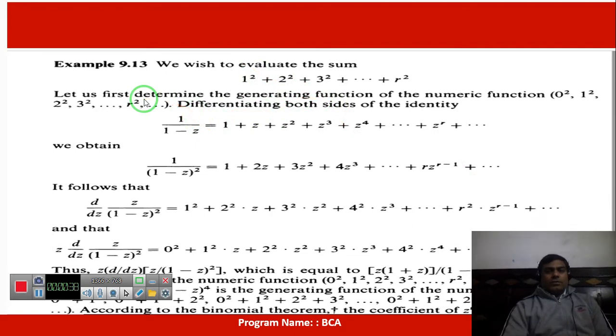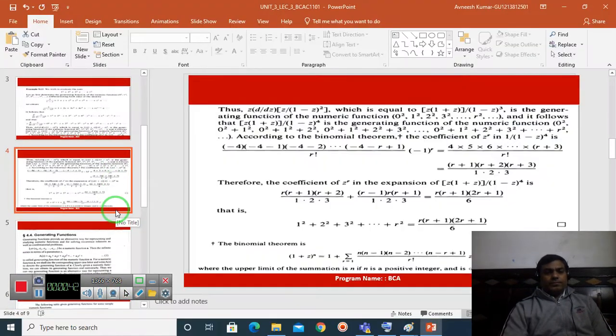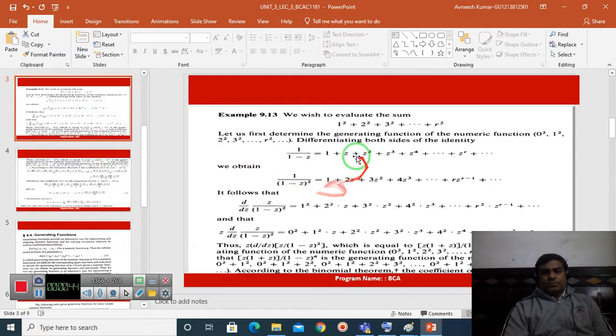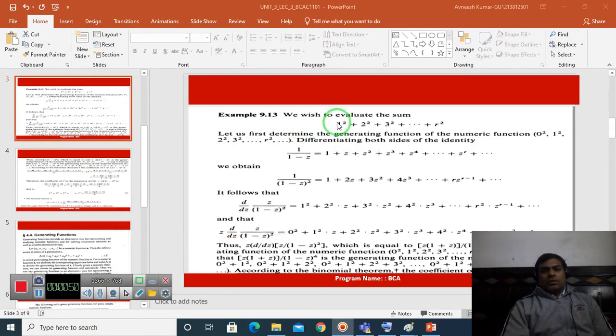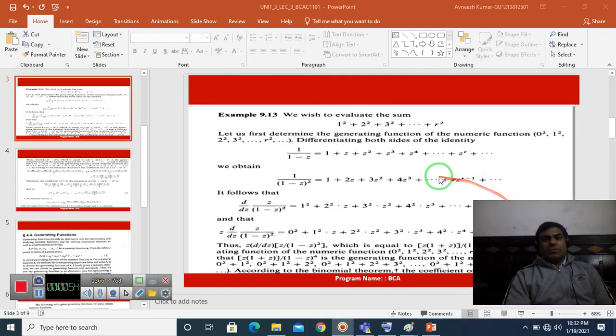For this question, we should evaluate the sum 1 square, 2 square, 3 square, up to r square. So first we have to make this series.